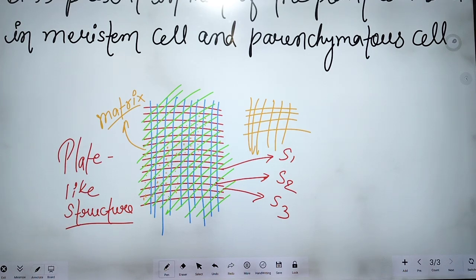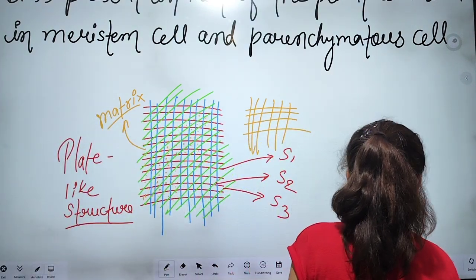Now our last part of the cell wall, that is the tertiary cell wall. Let's discuss the last one, that is the tertiary cell wall.